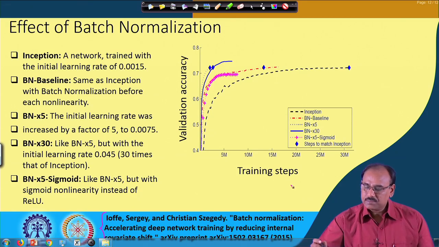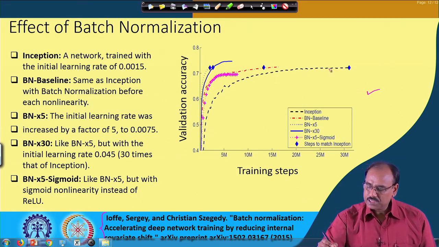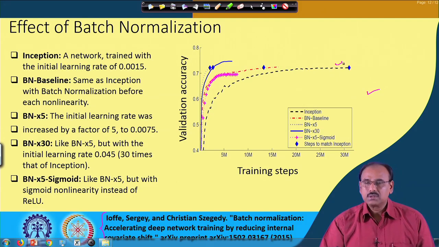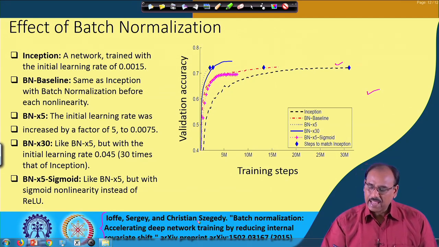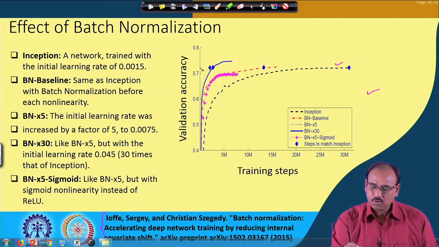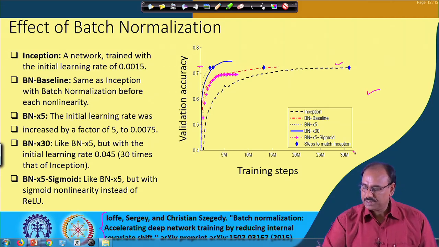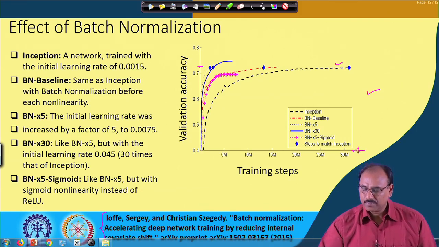As shown on the right hand side, this particular curve shows the validation accuracy without any normalization, and you find that to have an accuracy of more than 0.7, say 0.72 or so, the number of iterations required is more than 30 million.